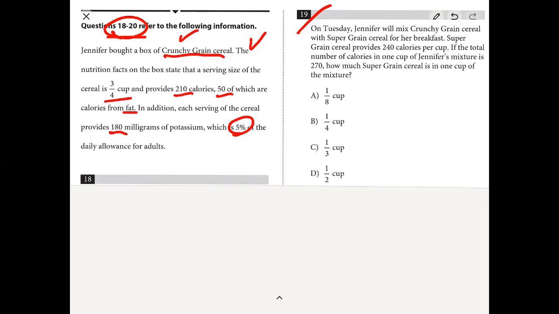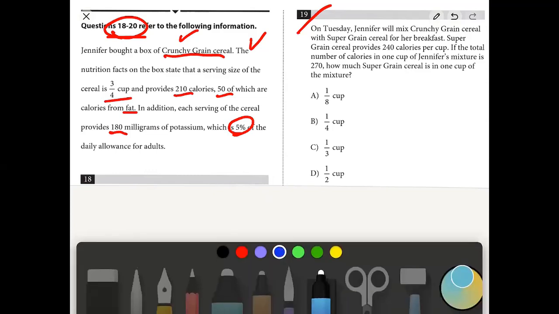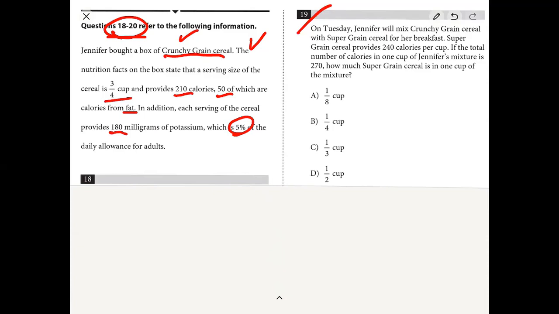Now, if we look at problem number 19, I'm going to change it, use blue. It says, on Tuesday, Jennifer will mix crunchy grain cereal with super grain cereal for her breakfast. Super grain cereal provides 240 calories per cup. If the total number of calories in 1 cup of the mixture is 270, how much super grain cereal is in 1 cup of the mixture?